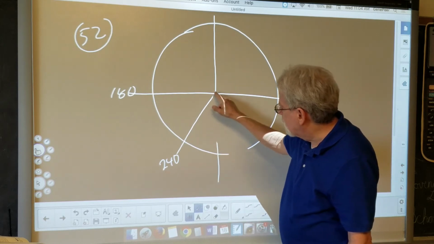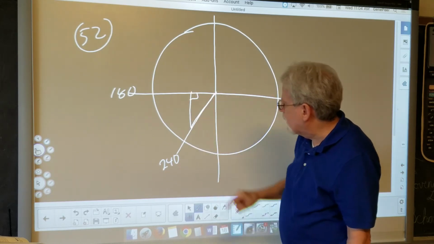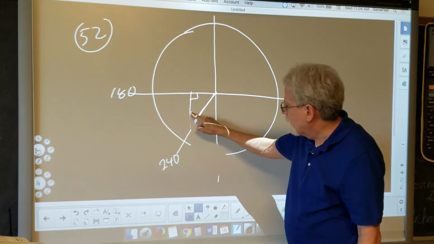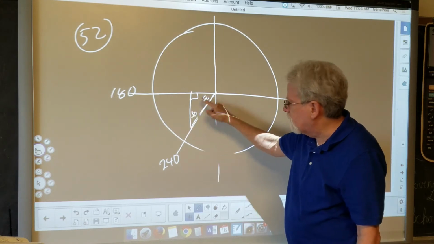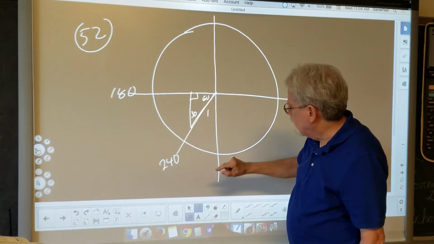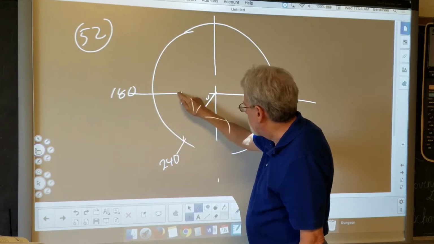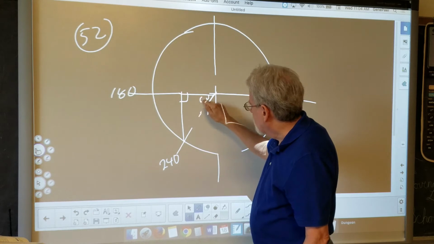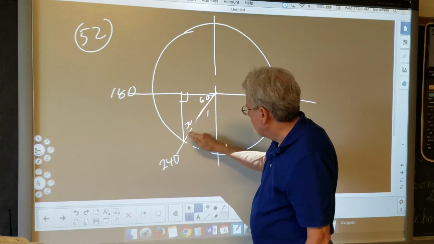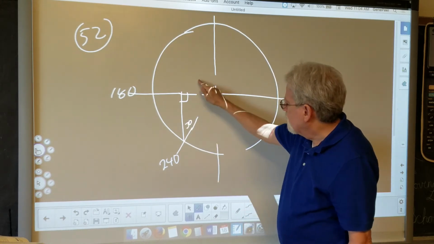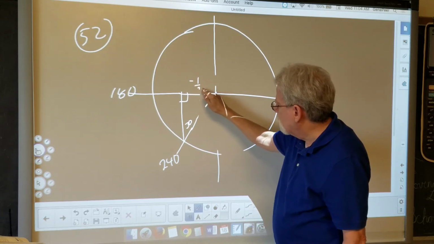And that means that my 30-60 triangle is sitting here like this. This is the 30-degree angle, this is the 60. If that's 1, I'm sorry, let me put this where it really belongs, that's better. So if that's 60 and that's 30, this is 1, this is negative 1/2. Why negative?